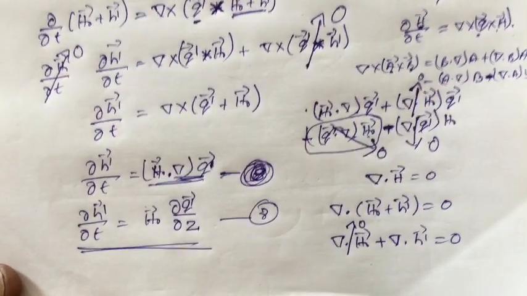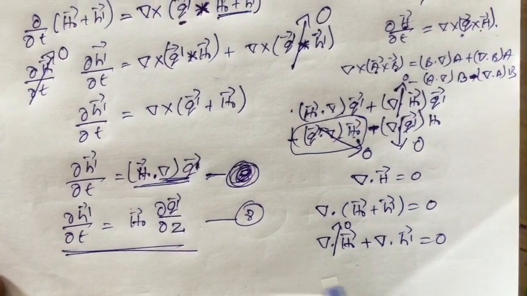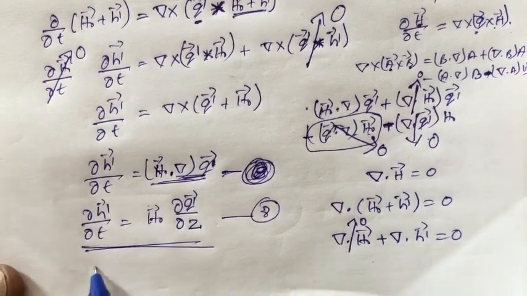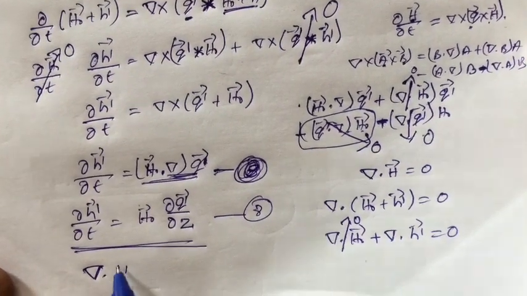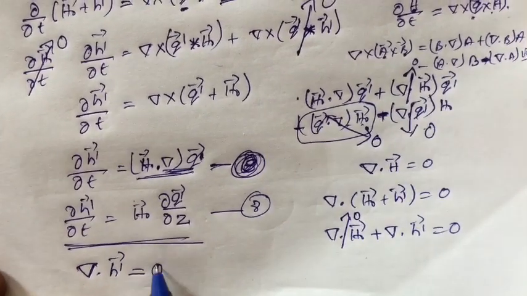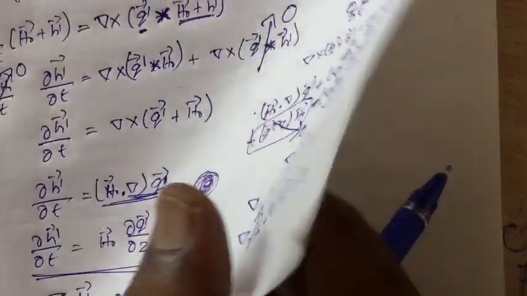But you know this is 0, due to the basic state of the system. That's why now you are going to get the new system, that is divergence of H dash is equal to 0, and call this equation number 9.